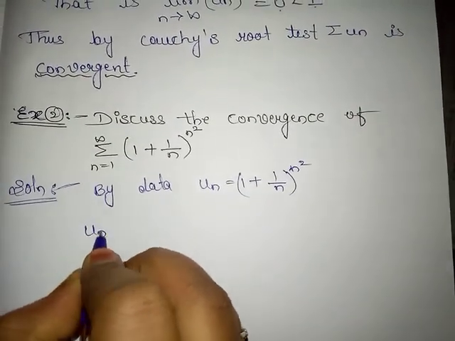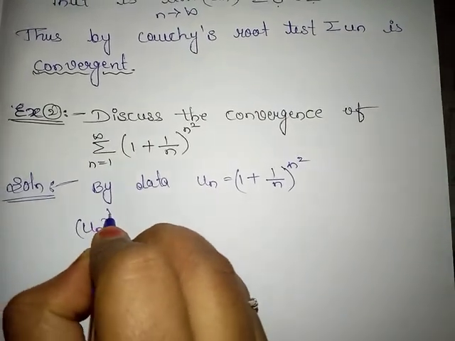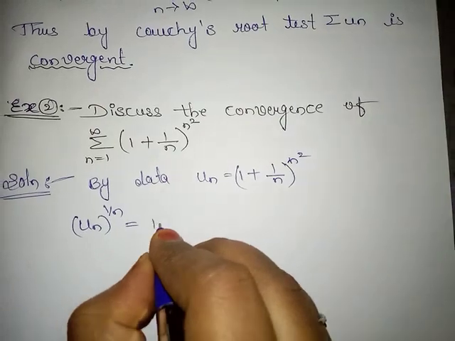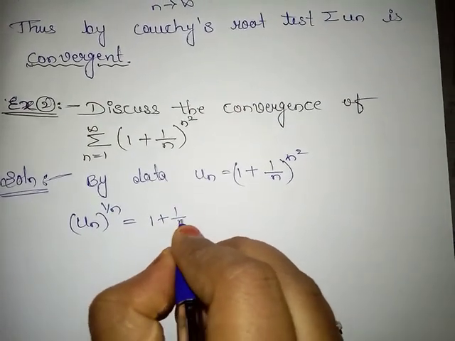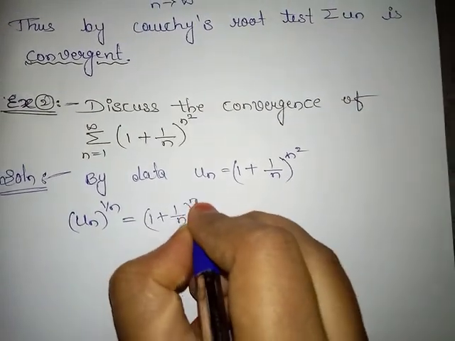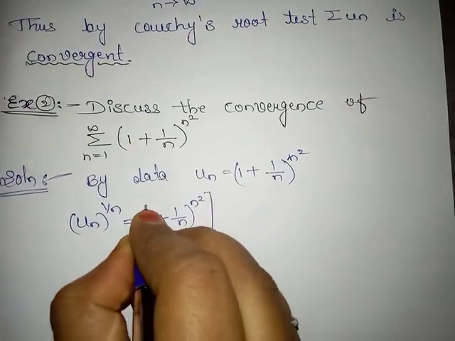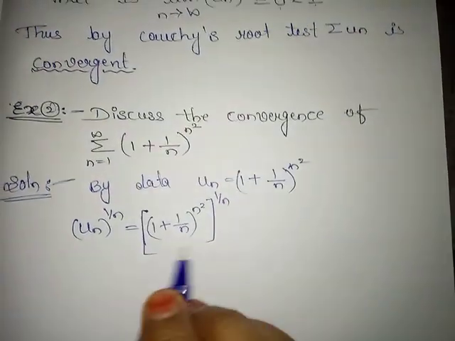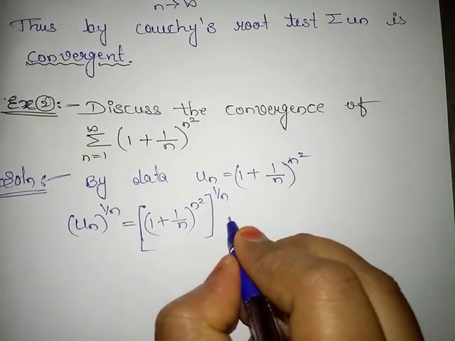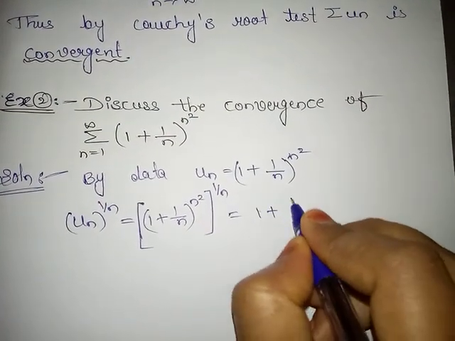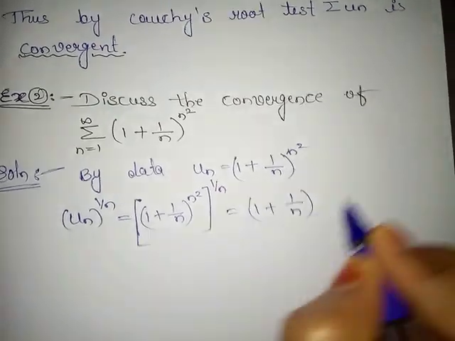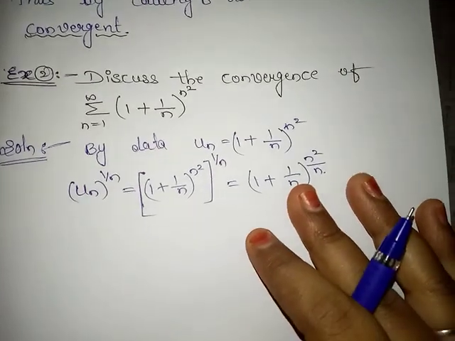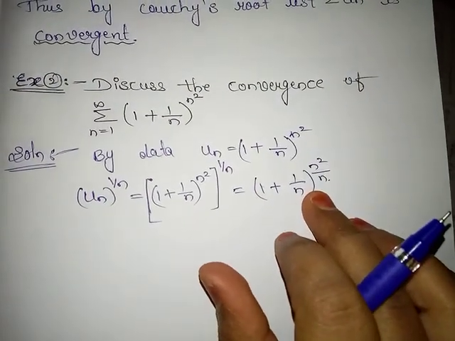According to Cauchy's root test, un raised to 1 by n is equal to 1 plus 1 by n raised to n square whole raised to 1 by n. Whole raised to 1 by n means it is 1 plus 1 by n whole raised to n square by n. N square by n means it is n.